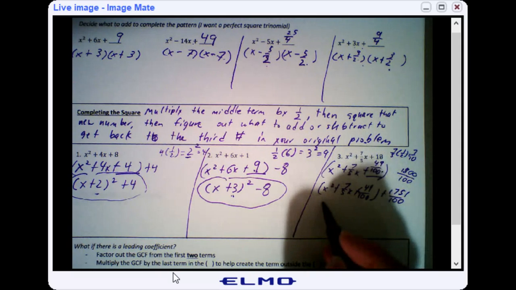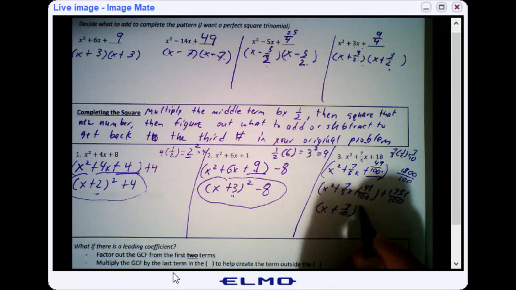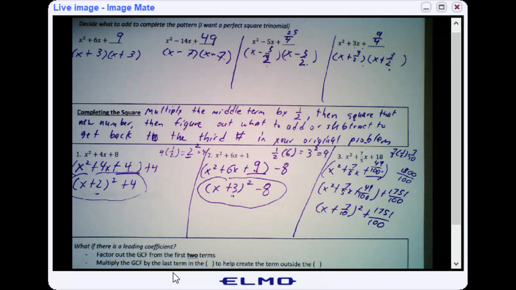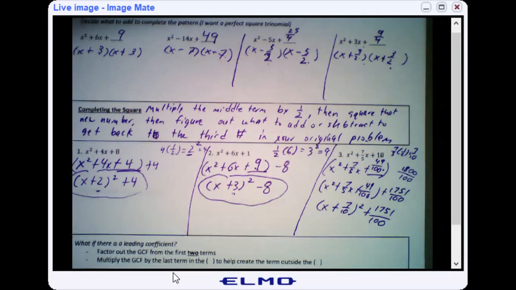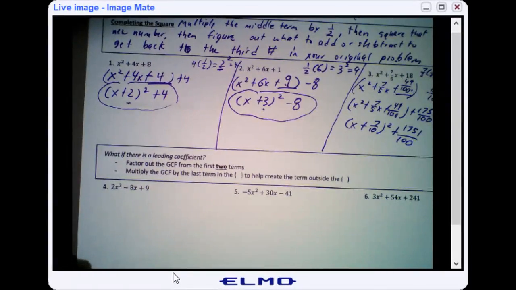And then I'm going to put the square. So x plus 7/10 squared plus 1,751 hundredths. Whoa, big fractions. Now all those are the ones without a coefficient in front of x.